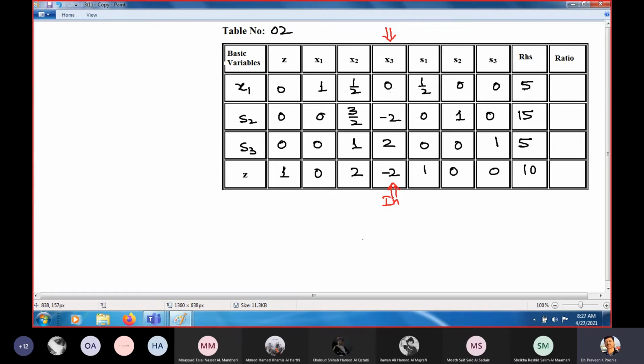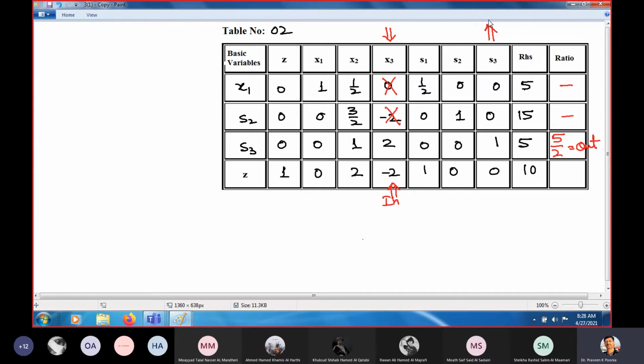Now you can see here is 0, no ratio will be taken. Here is negative, no ratio will be taken. Only here we need to take the ratio, because this is positive. So what is the ratio? 5 by 2. Here ratio is not possible, only 1. So this is the out variable, S3. S3 will be out.